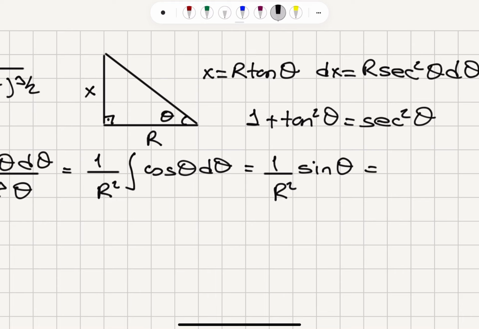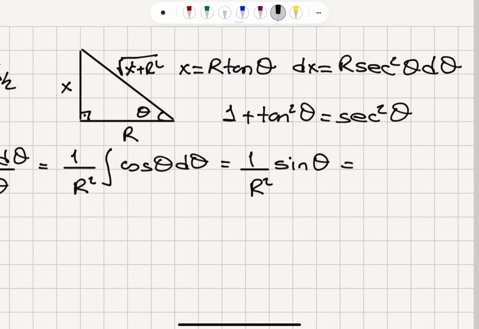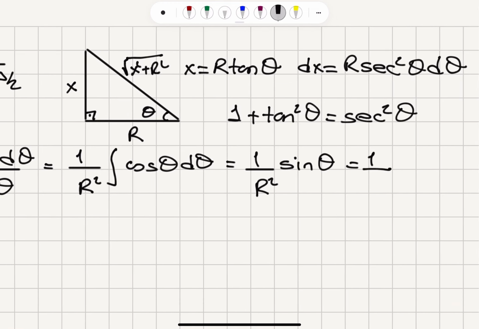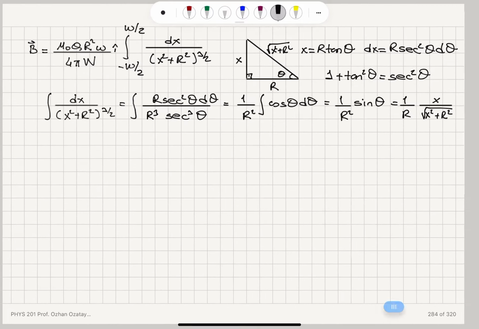And what is sine theta here? The hypotenuse is square root of x squared plus capital R squared. Sine theta is x divided by square root of x squared plus capital R squared. So that's the answer for this integral.